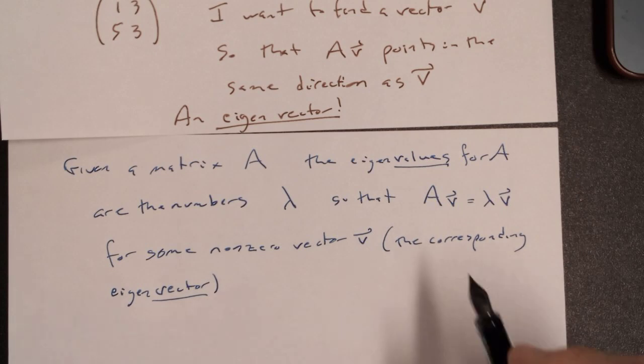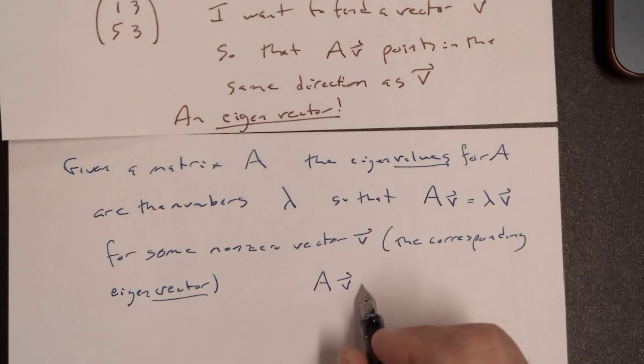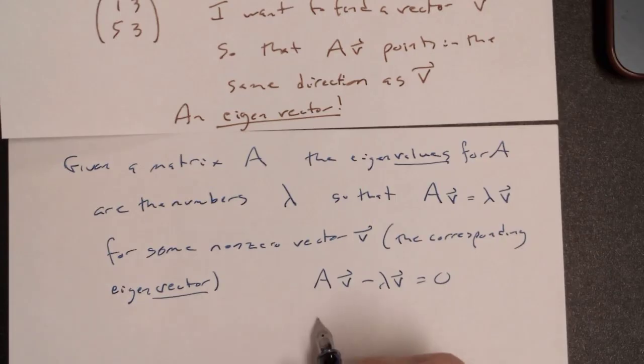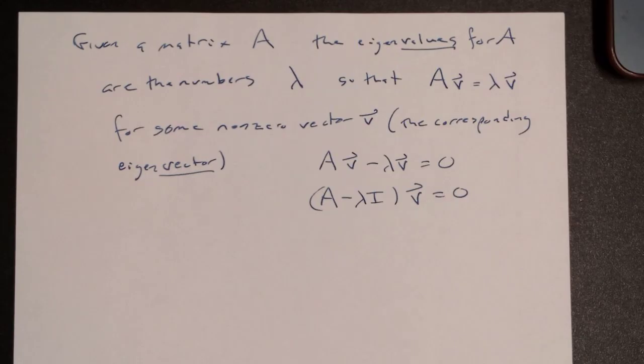Well, wait a minute. If A times V is equal to lambda times V, then AV minus lambda V is 0. Or A minus lambda times the identity, times V, is 0. And I want my vector to not be 0. I remember from linear algebra, if this equation has non-zero solutions, it means something about the determinants.